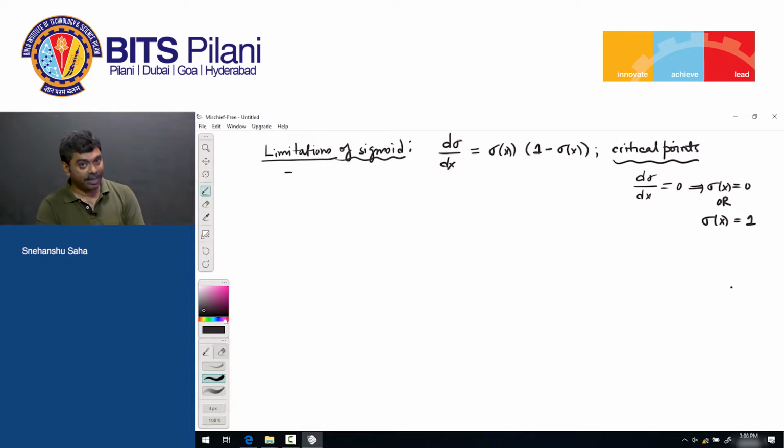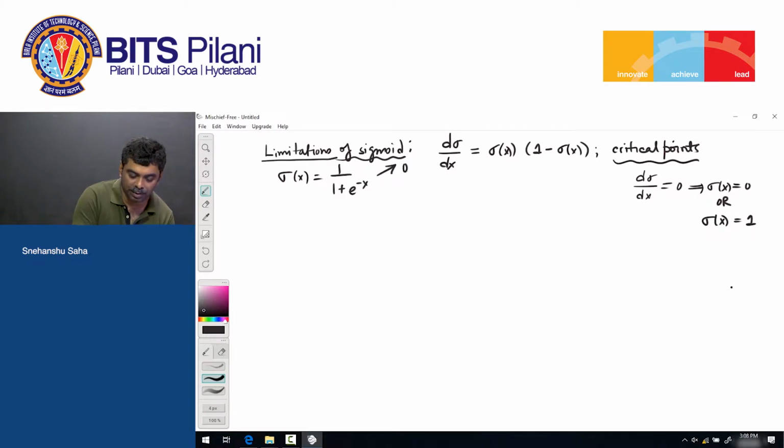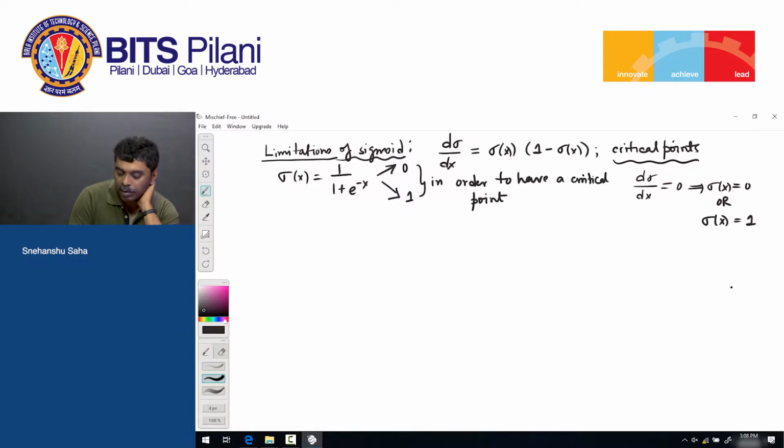But the function itself is 1 over 1 plus e to the power minus x. So it has to be either 0 or 1 in order to have a critical point. Now, can it be either of the two values mentioned here? No. This will never be 0 and this will never be 1.